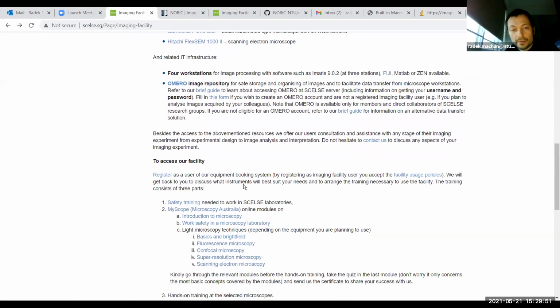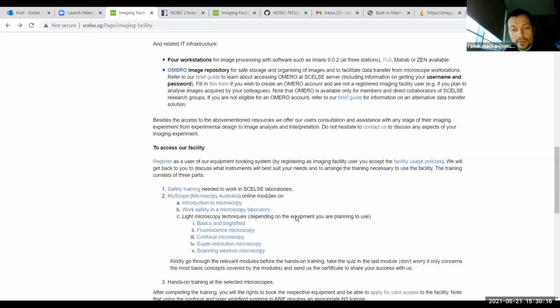And we put here links to training materials from Microscopy Australia. They have quite nice training materials called MyScope.